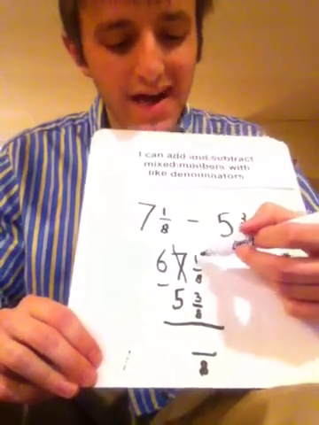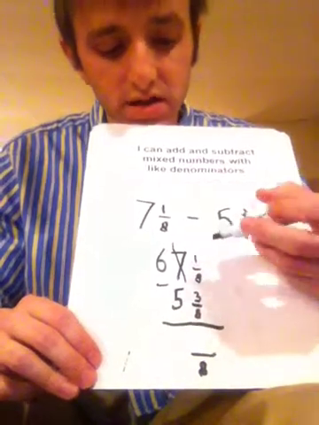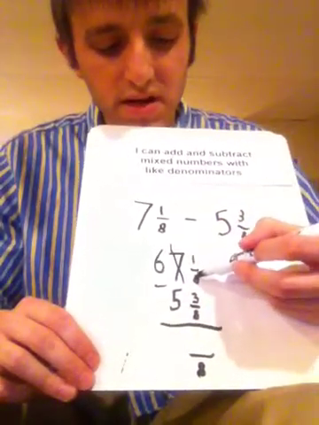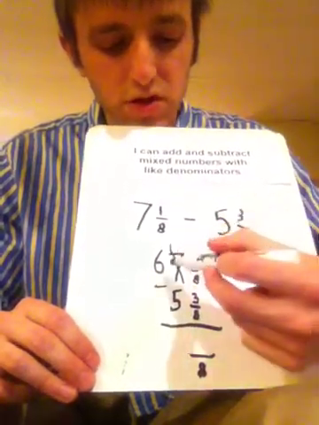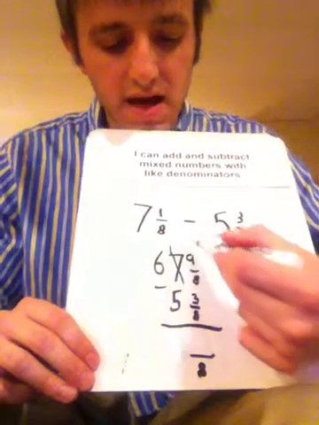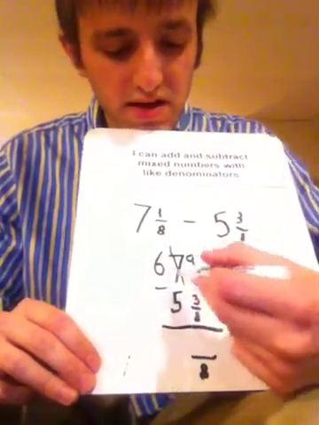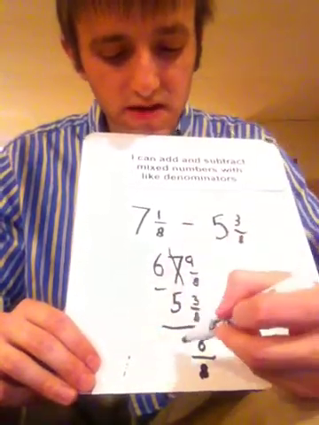So we need to add 8 pieces to the one we already have to get this whole. So my trick is just take the denominator and add it to the numerator, and you would get 9. So we took a whole from here, and we added 1 whole to our numerator, so we now have 9. So 9 take away 3 is 6. And 6 take away 5 is 1.